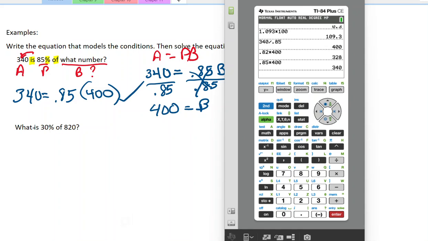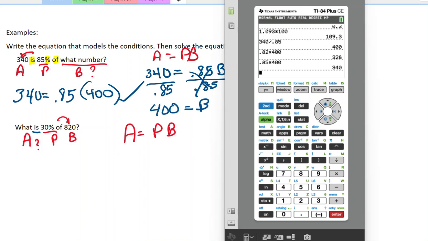Now it says, what is 30% of 820? So here's my word is. So this is my A. I don't know my A. Here's my percent of, that means this is my B. So here I go. A equals P times B. All right.